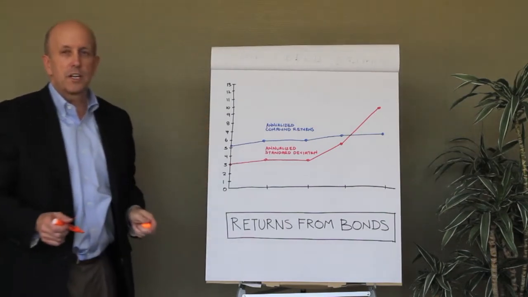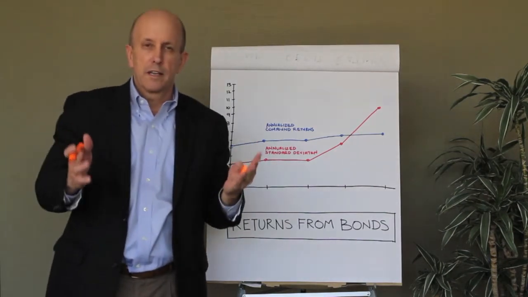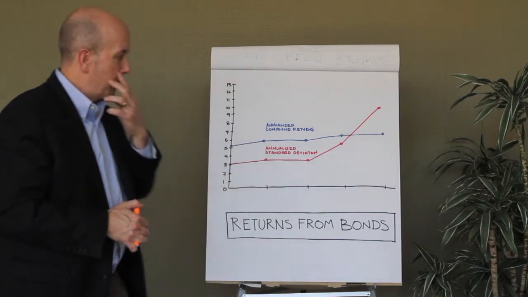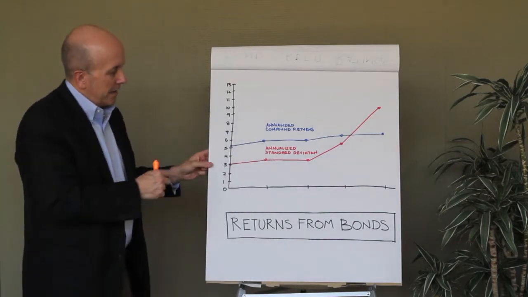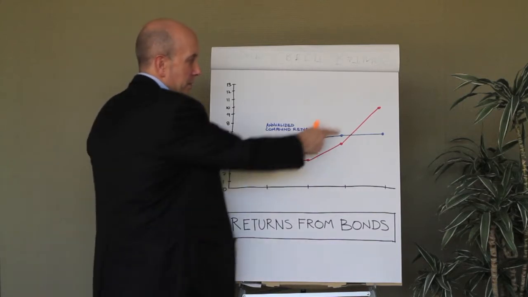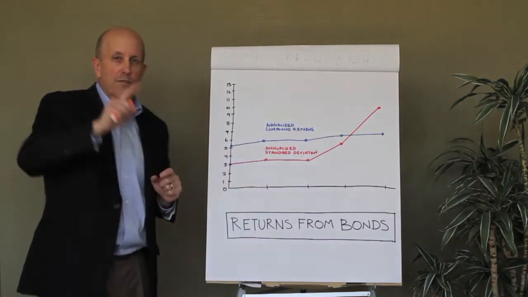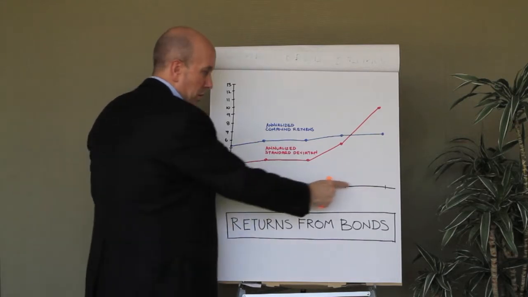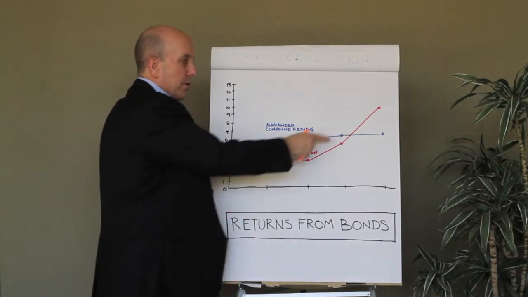The other thing to consider is how long is the bond outstanding for? What's its maturity? And we find that if this were the standard deviation of the bonds, meaning how volatile the value is, the longer the term, the longer the maturity, the greater the volatility.